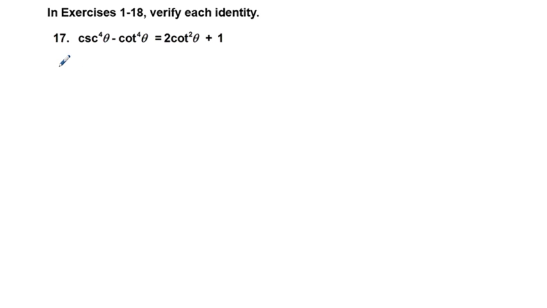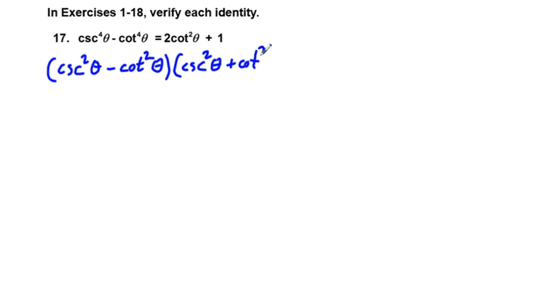So we're going to rewrite this as cosecant squared theta minus cotangent squared theta times quantity cosecant squared theta plus cotangent squared theta.